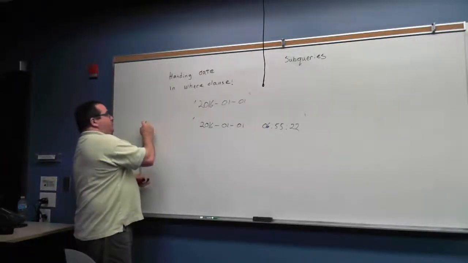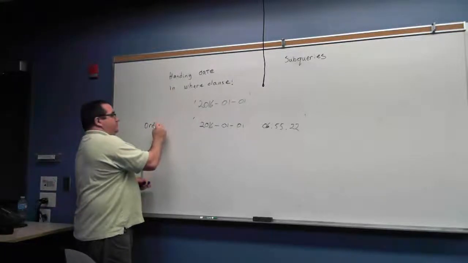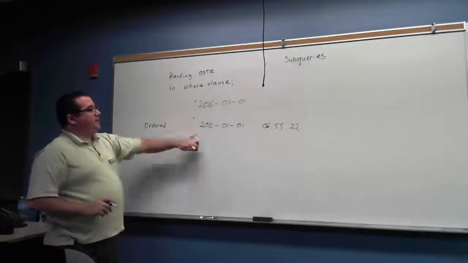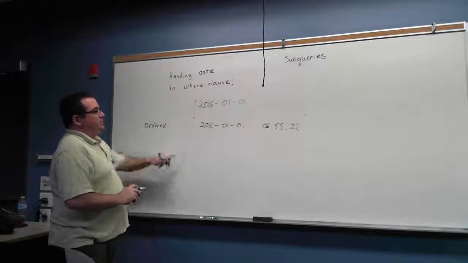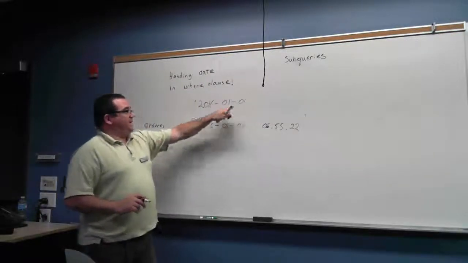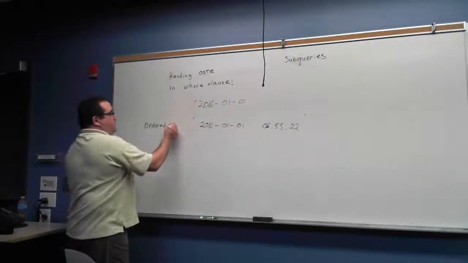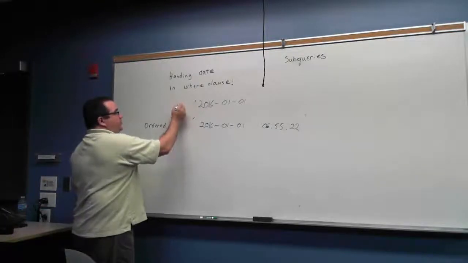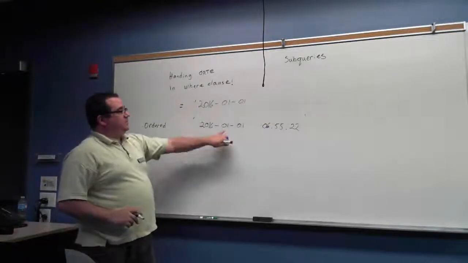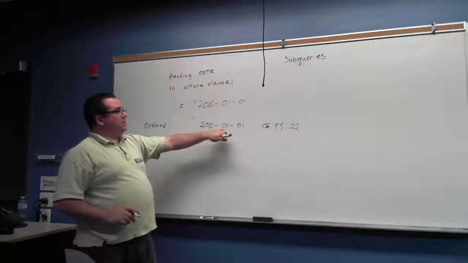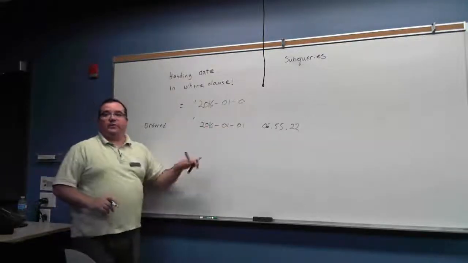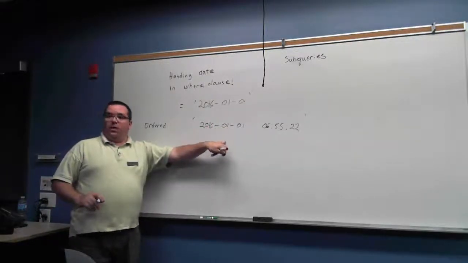Say we have a field called ordered, and I want everything that was ordered on this day. So if I did ordered is equal to this, you might end up with no results, even though I have an order. Why?